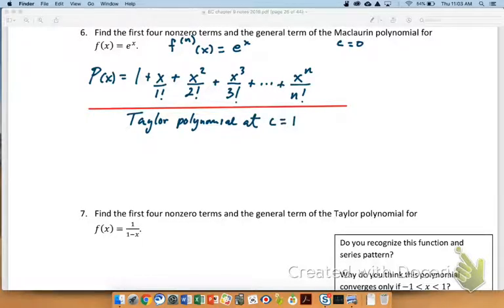So what if I move the centering point from 0, which it was for our original exercise, to c equals 1? Let's think about what that would look like. Once again, I'll give you a chance to try that on your own. See how it all goes. We did one like this last time where the centering point was not 0. This is another chance to practice that.